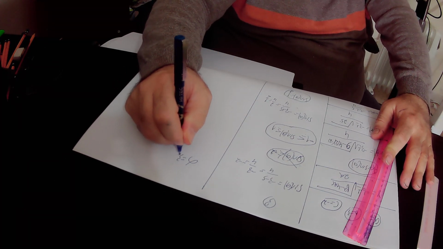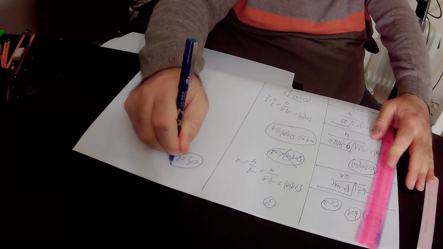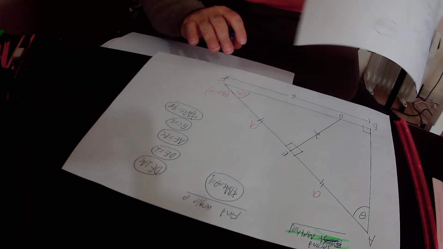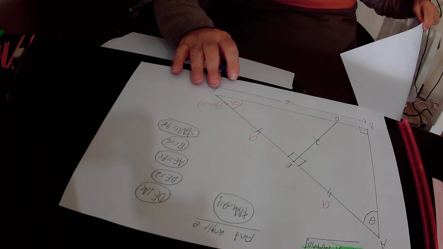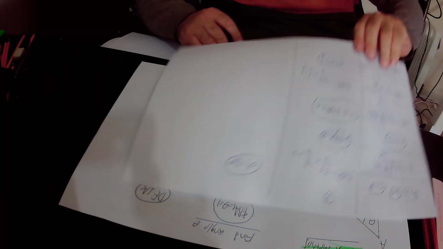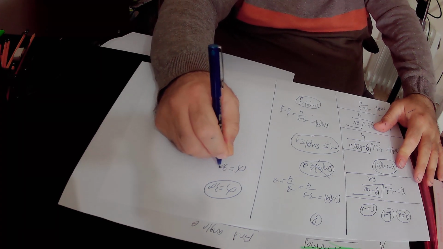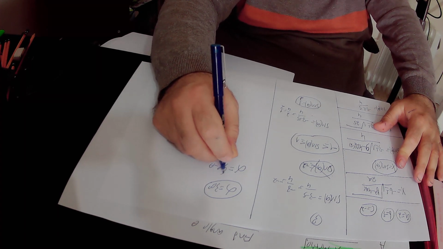So we found out that alpha equals 30 degrees. And we have already found out that here alpha equals 90 degrees minus theta. So we can write down that alpha equals 90 degrees minus theta.